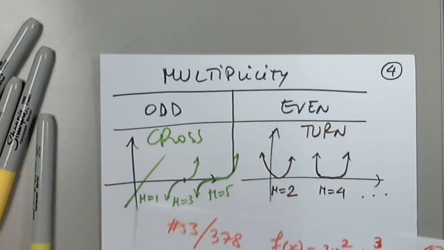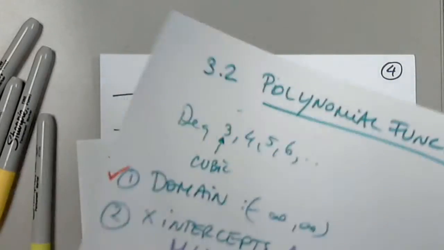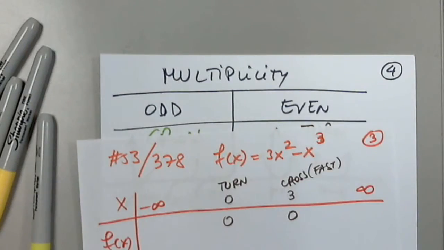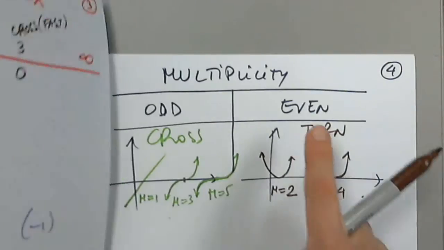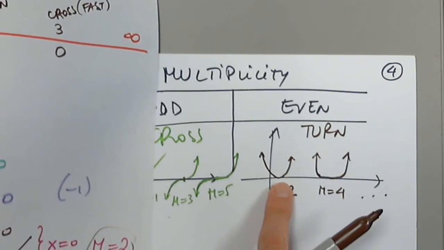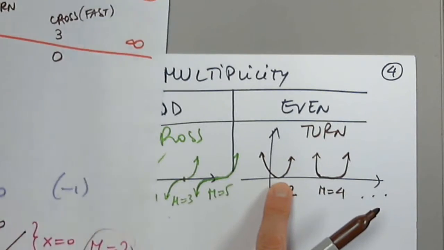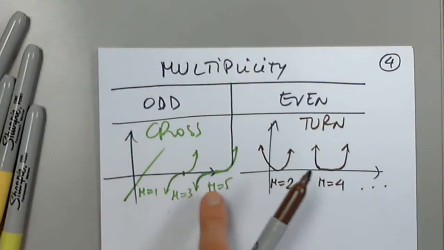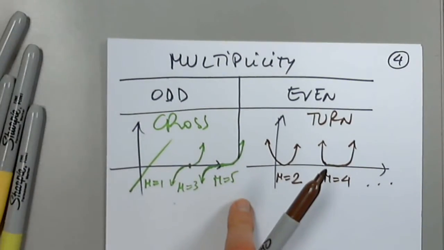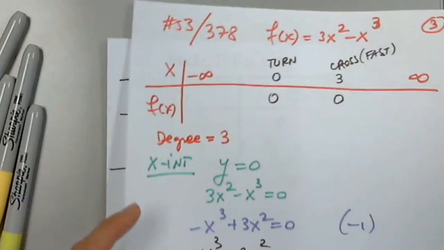Very good. So now back to our list. Yes? Why is 0 a candidate? Multiplicity 2, which is an even multiplicity. Multiplicity 2 is always a turn. An odd multiplicity, multiplicity 1, is always a cross, but it depends on what type. Better? Good.